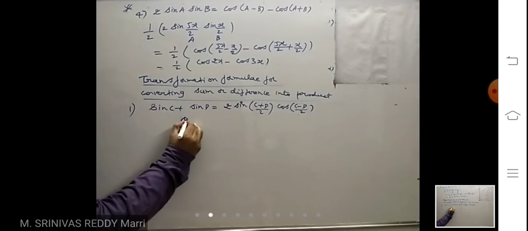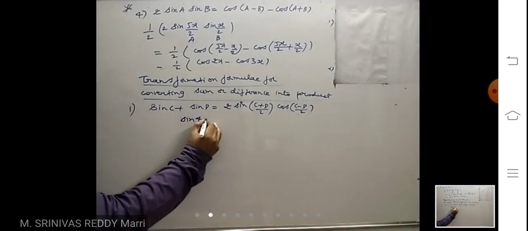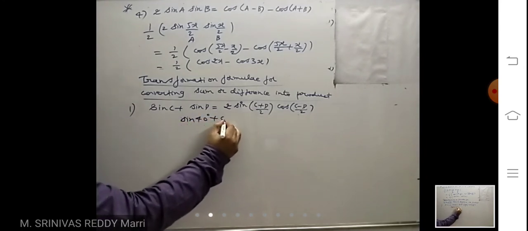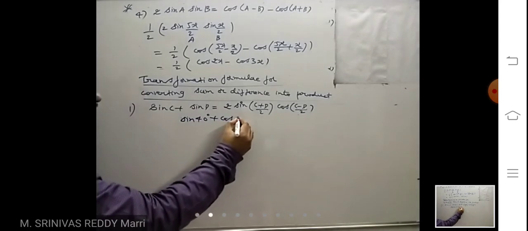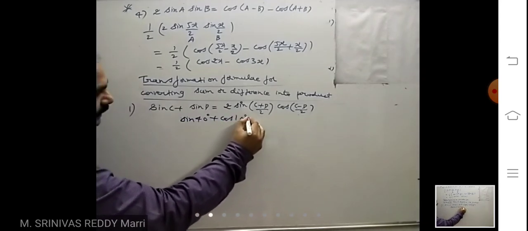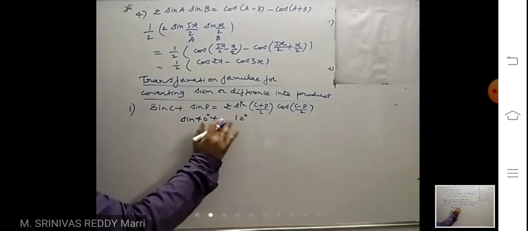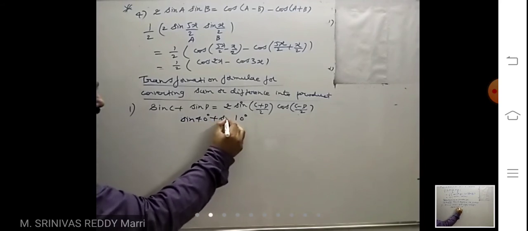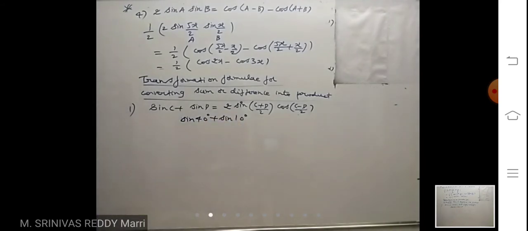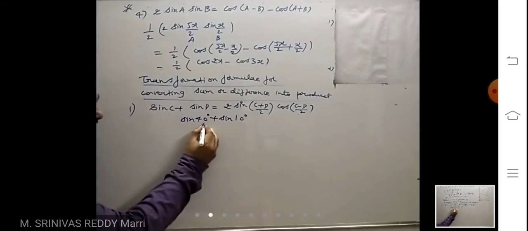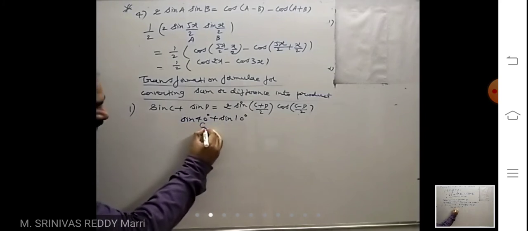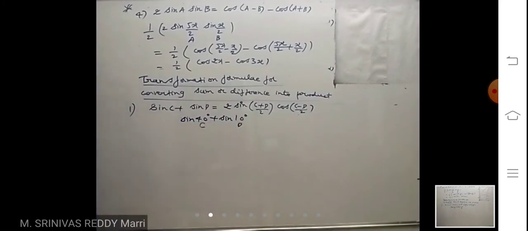Suppose look at sin 40 degree plus sin 10 degree, let us say. Sum is there; whenever product is there means AB, sum is there means CD.